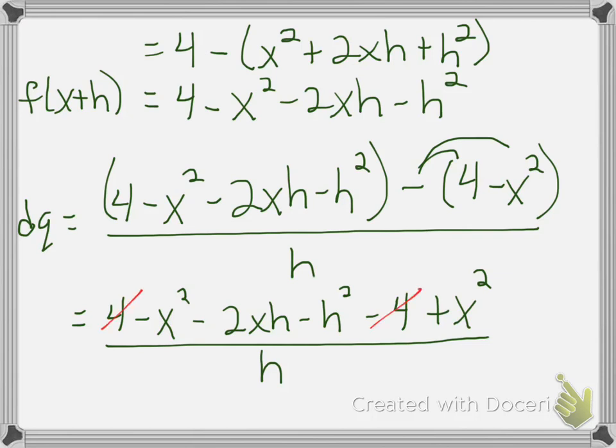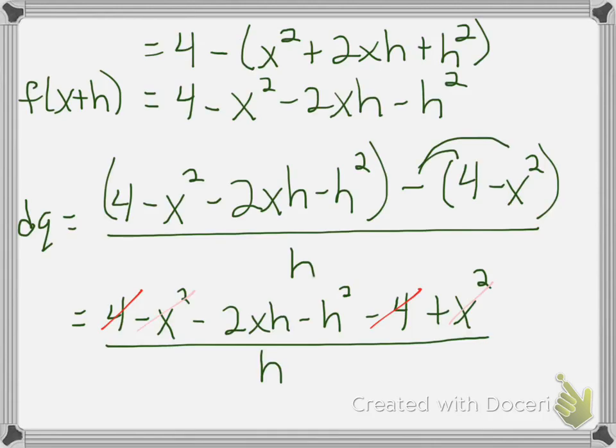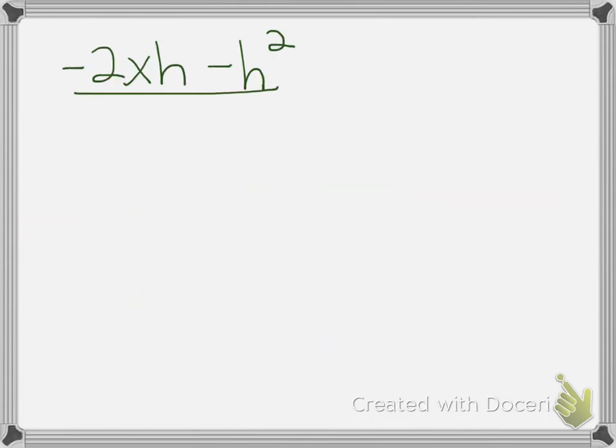Those go away. We also have an x squared and a negative x squared, so those can also cancel. And then you can see that what you're left over with is the minus 2xh minus h squared. That was what we had over here on the numerator, everything that didn't cancel. There's still an all over h, though. Okay, so this is continuing on our problem.